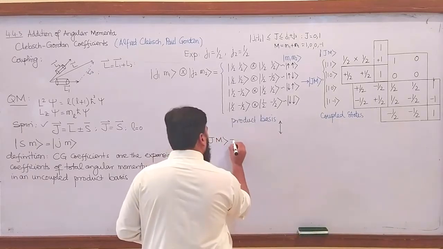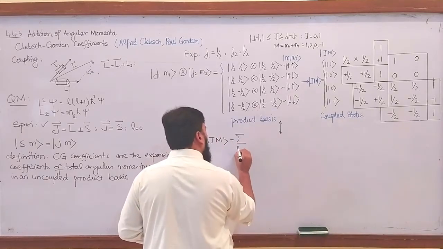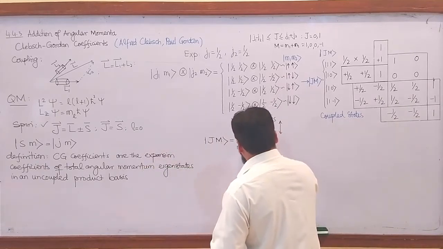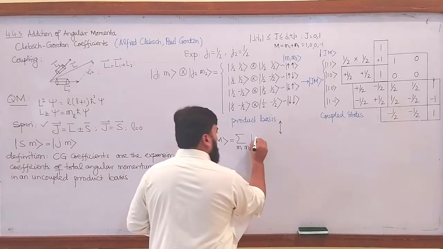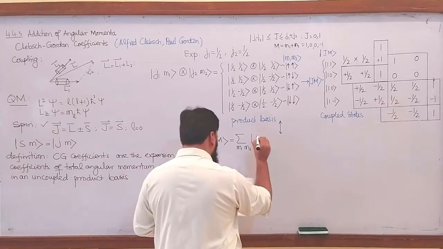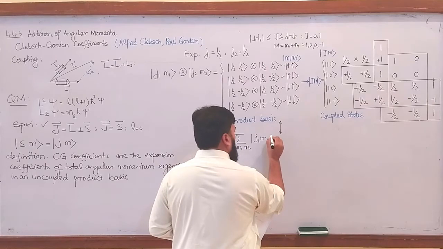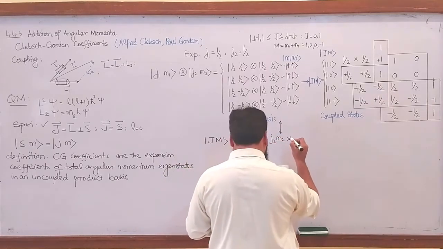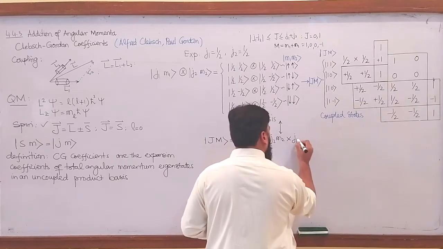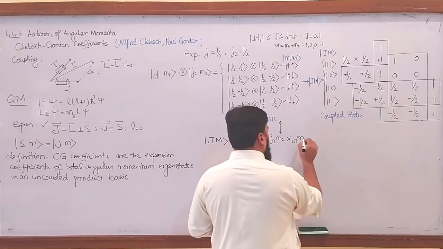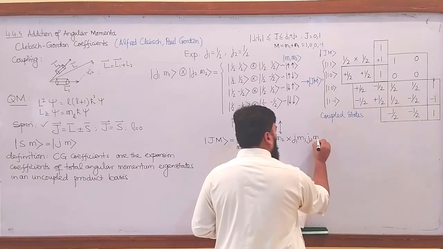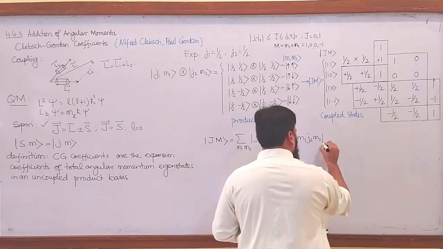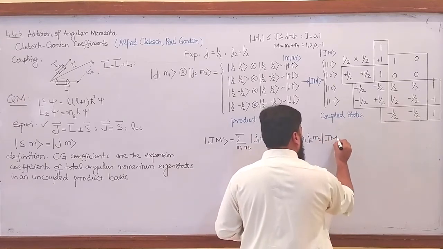This will be equal to the summation over M1 and M2 of |J1, M1, J2, M2> multiplied with <J1, M1, J2, M2|, right? Multiplied with |J, M>.